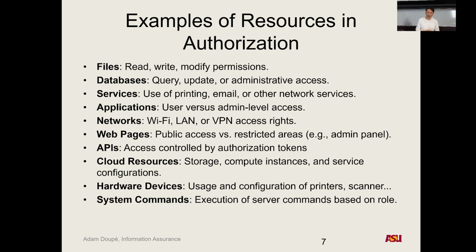In the database case, there are query and update operations. These pertain to objects like files, databases, services, and applications. In the case of a network, there is the access right to a wireless service or network service. So we can think of the resource as varying across these various types of objects.